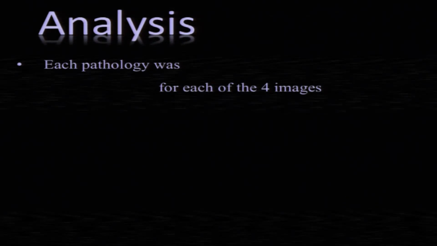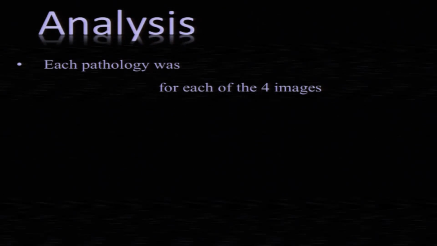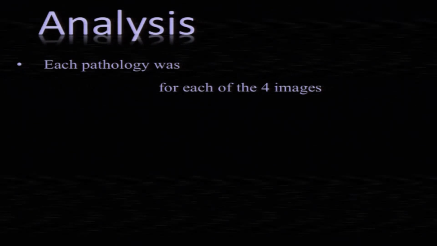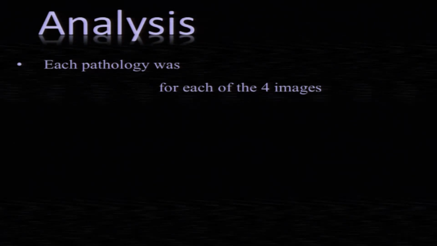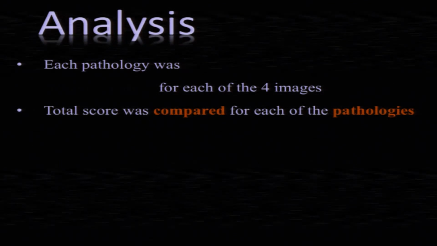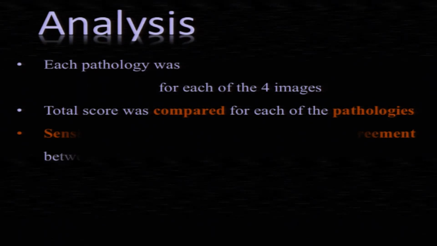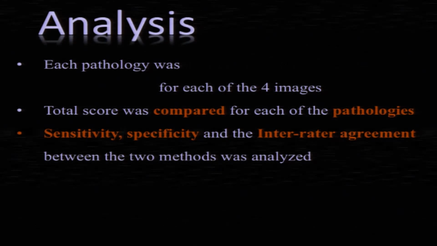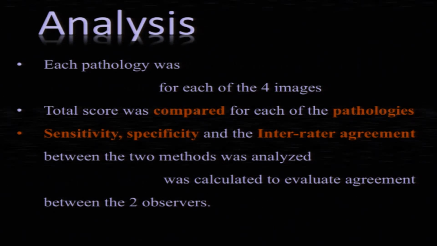Each pathology was graded from 0 to 2 for each of the 4 images. 0 means it is absent in the particular reflectance image, and 2 means it is clearly visible. Total score was compared for each pathology. Sensitivity, specificity, and inter-rater agreement between the 2 methods were analyzed. Kappa statistics was calculated to evaluate agreement between the 2 observers.